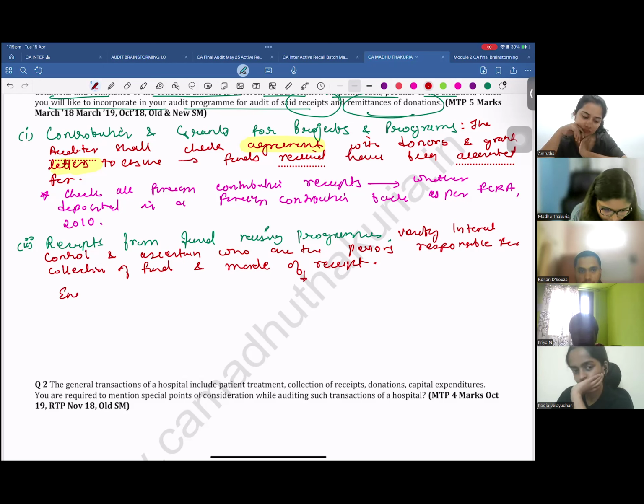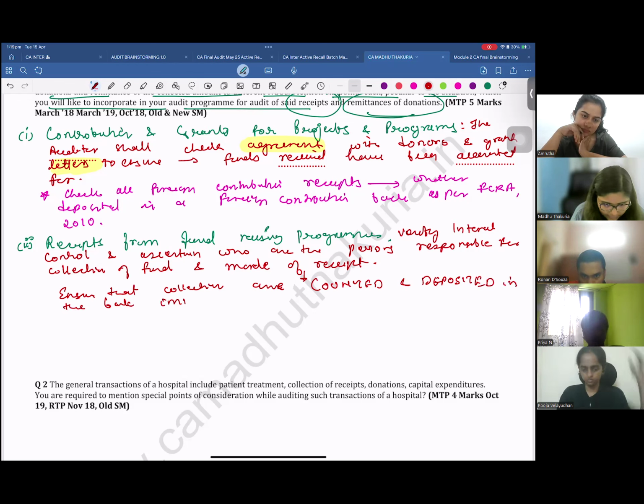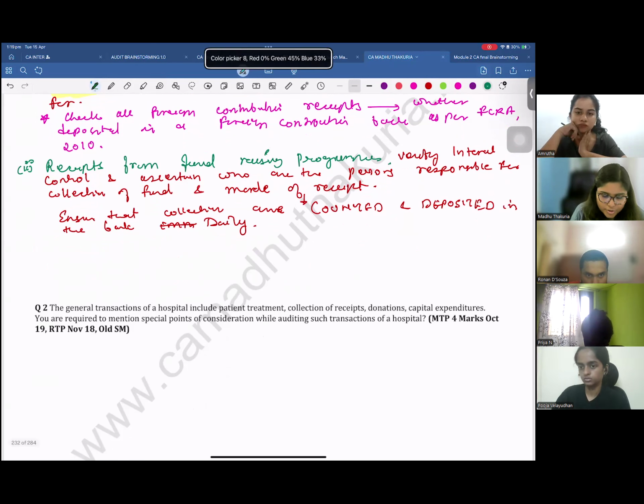Ensure that collections are counted and deposited in the bank daily. On a daily basis, there should be deposit of collections in bank.